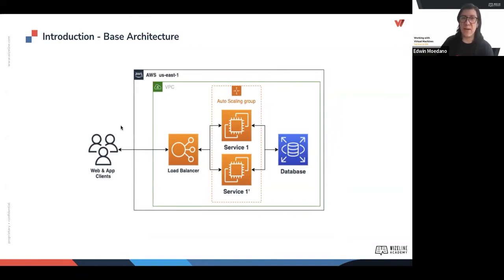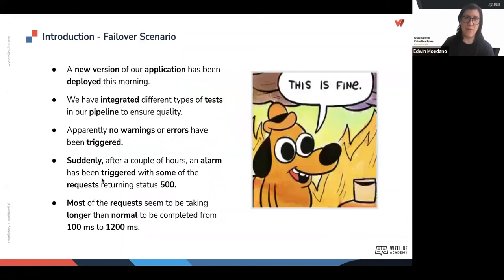We have this infrastructure at the beginning of our scenario. Let's say that we release a new version of our application, and this version has been deployed in the morning. And you know, releases seem to know when you have the most fear, when you need to go out on Friday, or when you're in the most hurry.